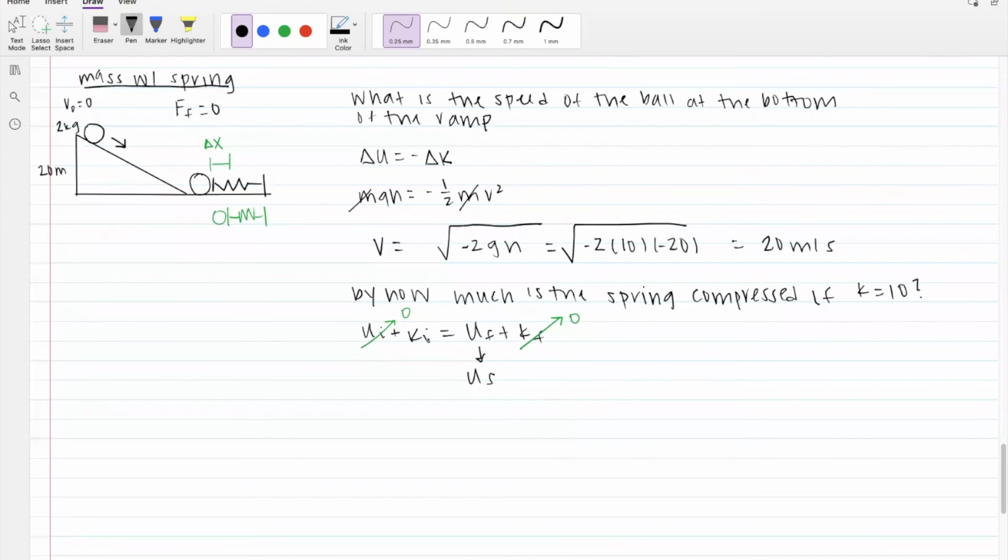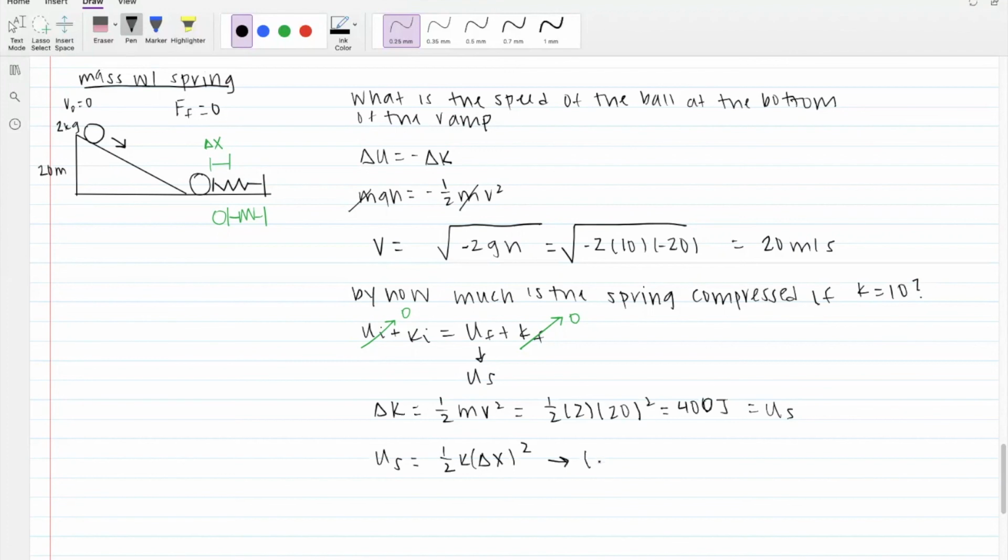So its initial kinetic energy is equal to 1/2 mv squared, which is equal to 1/2 times 2 times 20 squared, which is equal to 400 joules. Now this is going to equal the potential energy in your spring. So you should use your equation U of S is equal to 1/2 k delta x squared.